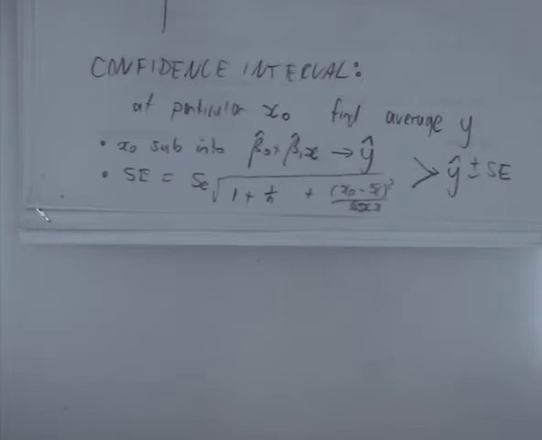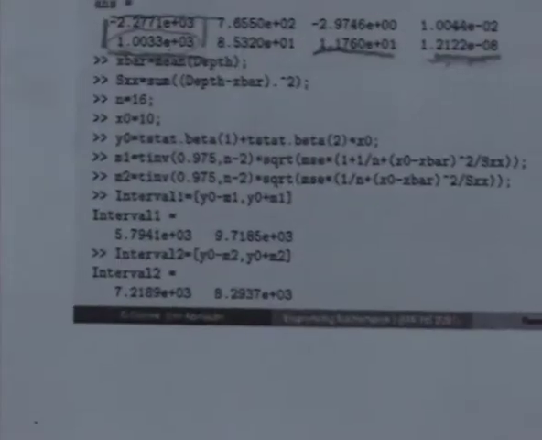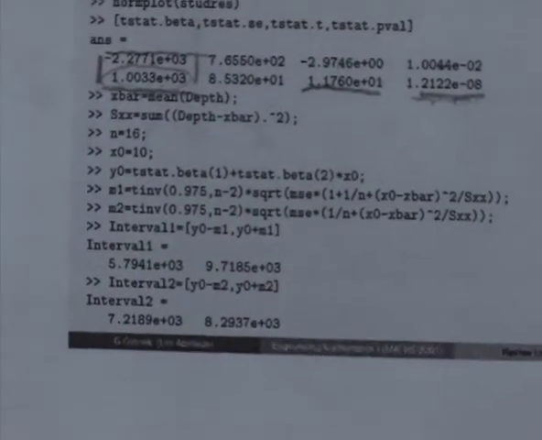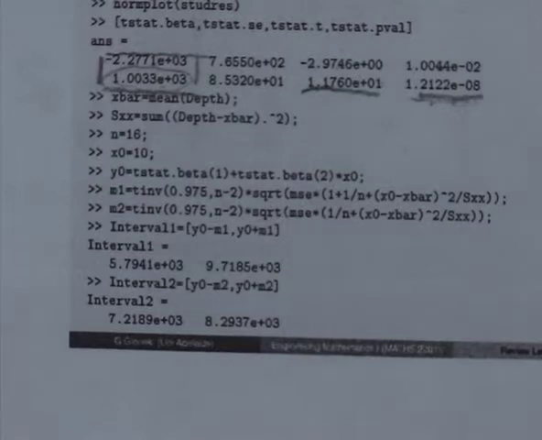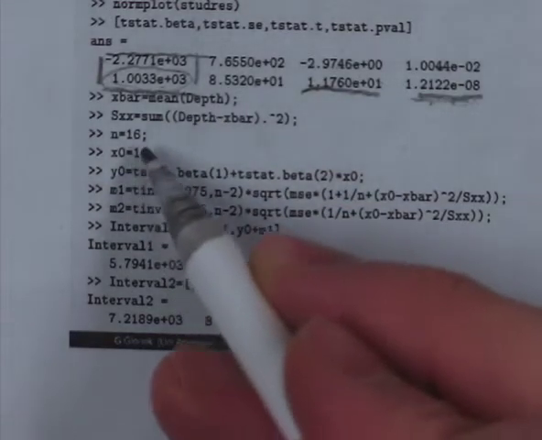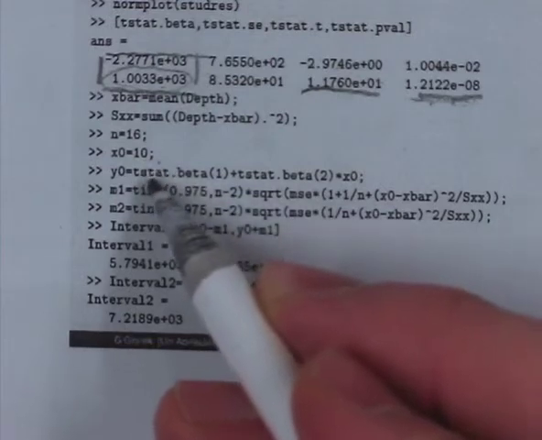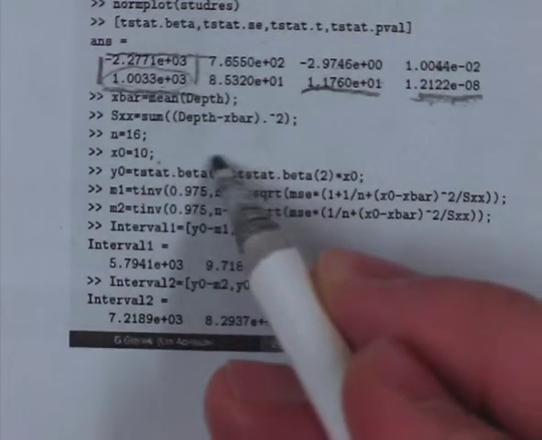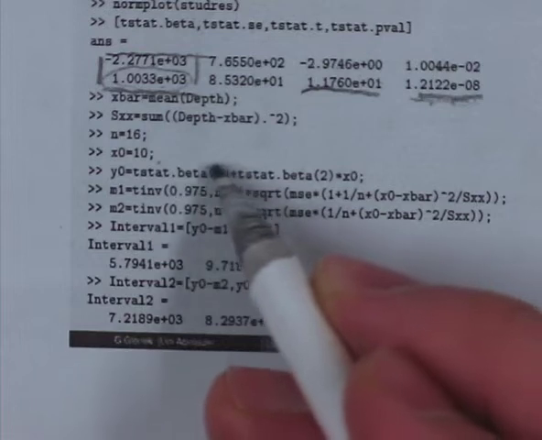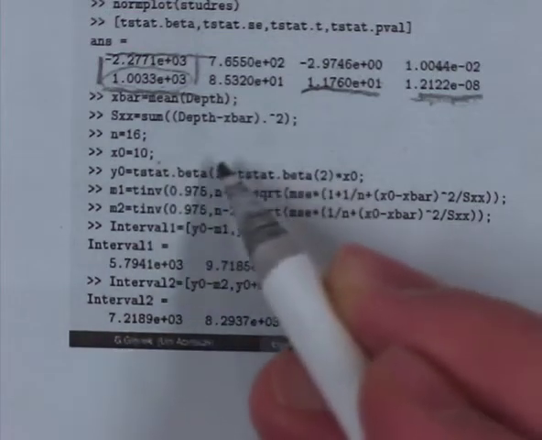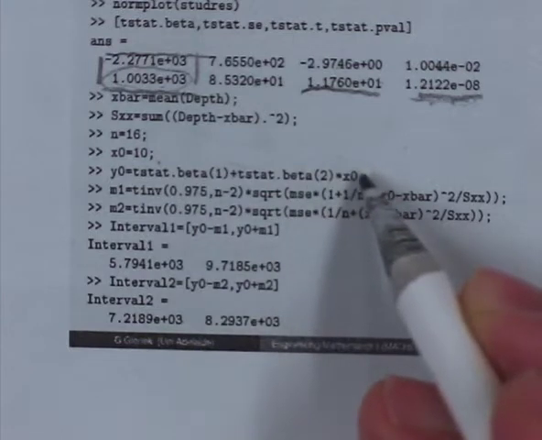So in your MATLAB code, let's see where that is. Okay, so look what's happened here. x0 is 10, and we've asked MATLAB to get the beta 1, the beta 0, which is this one, and the beta 1, which is this one, and multiply it by x0.